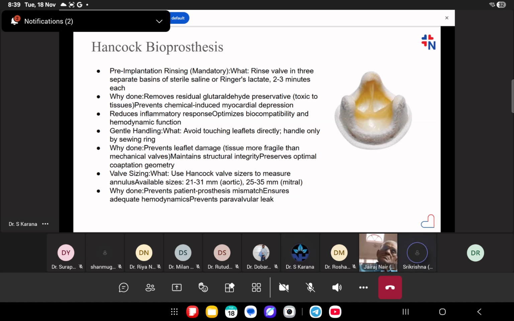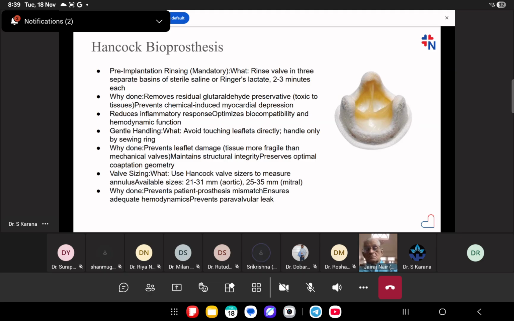Yes, sir. For bioprosthetic valve, tissue handling is very important, and rinsing of the valve is important, and orientation of the valve is in the anatomical position in case of bioprosthesis, and suturing technique is almost similar in both of them, sir.